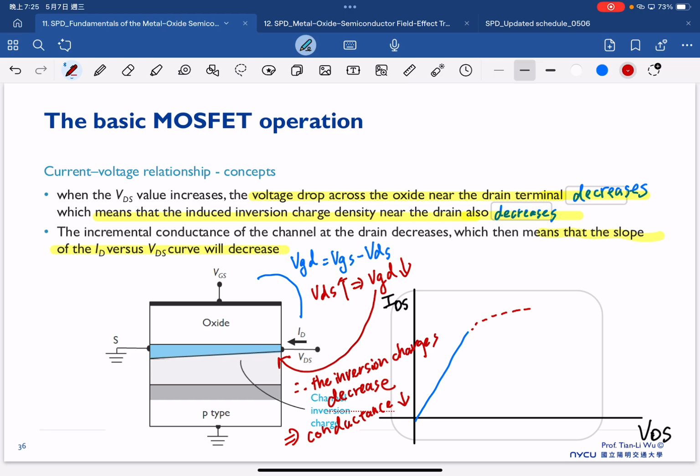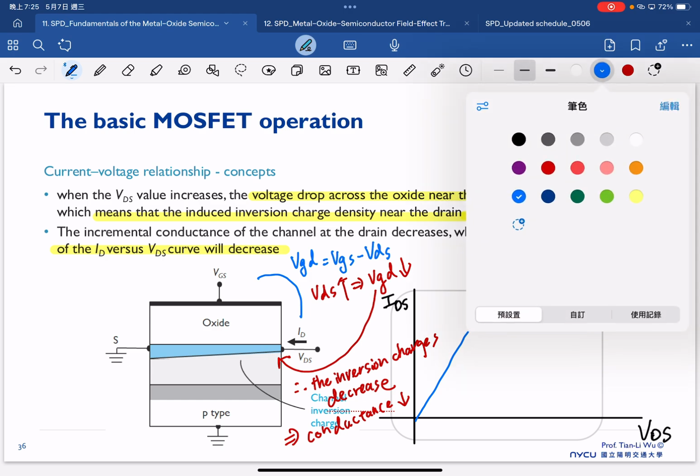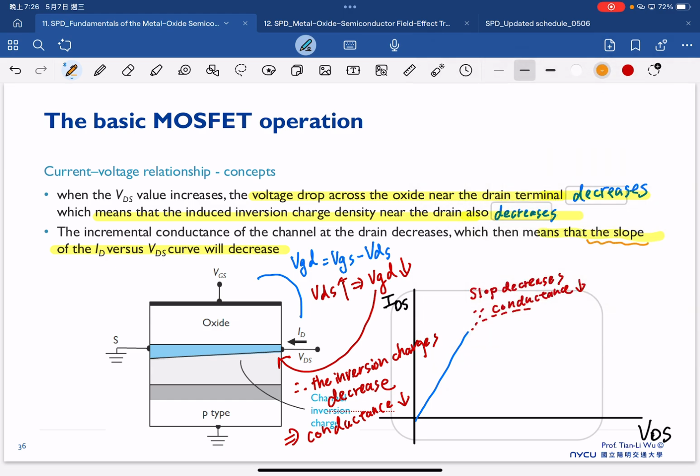So therefore we can start to see the slope decreases. This is because our conductance decreases. So this is the meaning of this sentence.